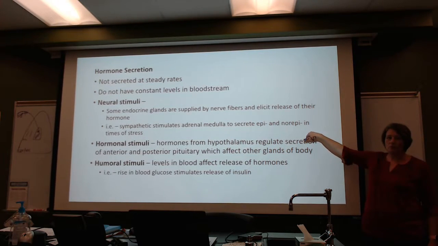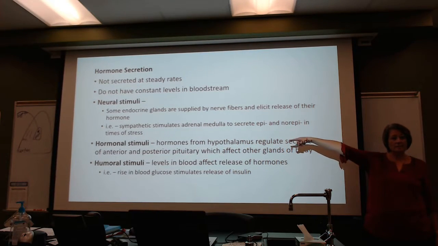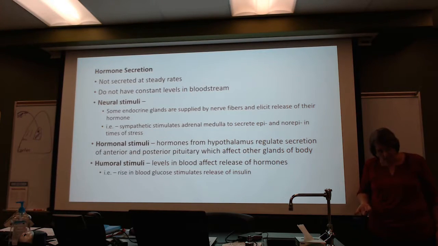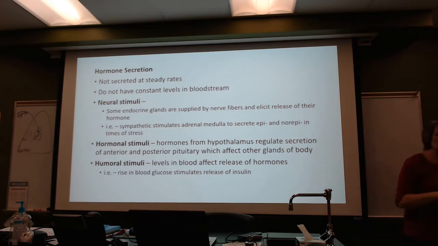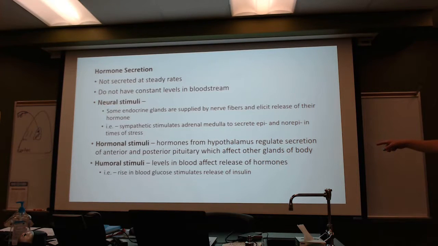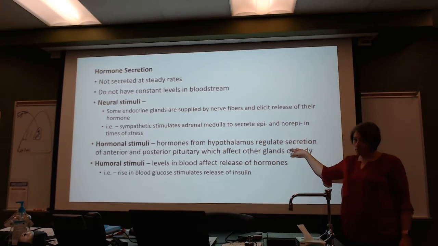For example, in times of stress, when the sympathetic division kicks in, the medulla of the adrenal gland, which is innervated by a sympathetic fiber, that means it goes to that medulla and tells it, make your product: our epi and our norepi, and dopa. Does that make sense?